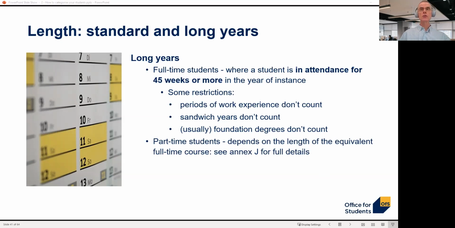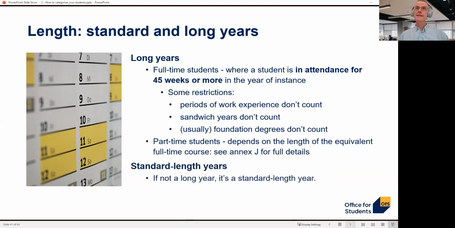And there are quite a lot of ins and outs here, and in an overview like this, it's too much to go into. So again, I'm going to refer you to Annex J for details. But with all of that in terms of the definition of long years, what we can then say is that standard length years are those that are not long years. Okay, if it's not a long year, it's a standard length year.